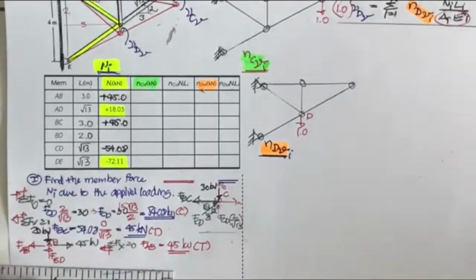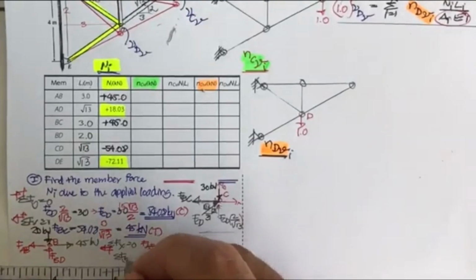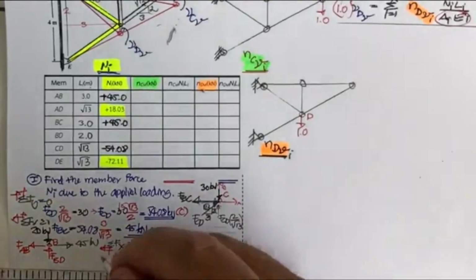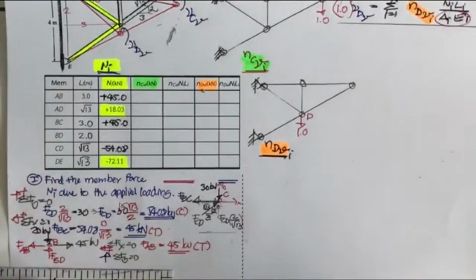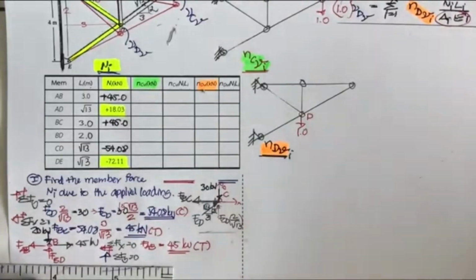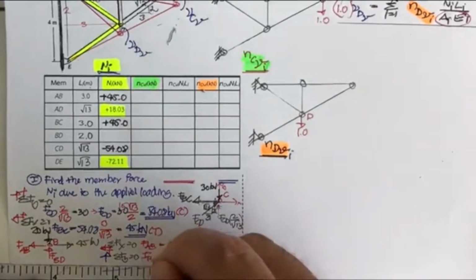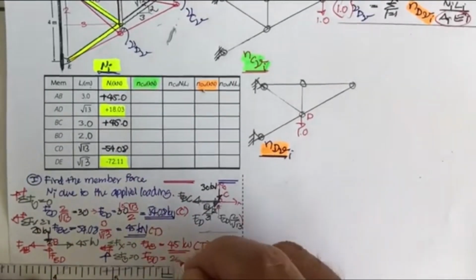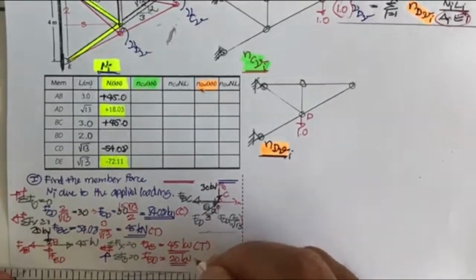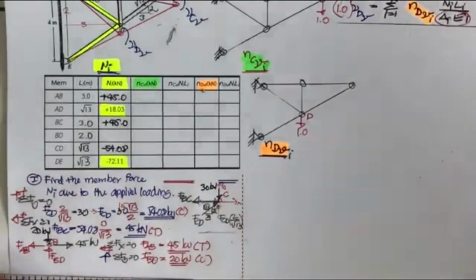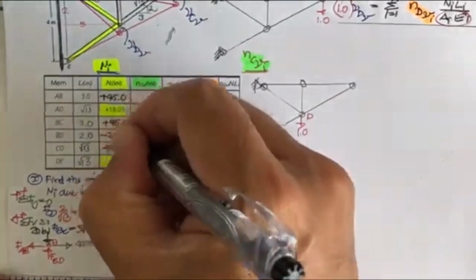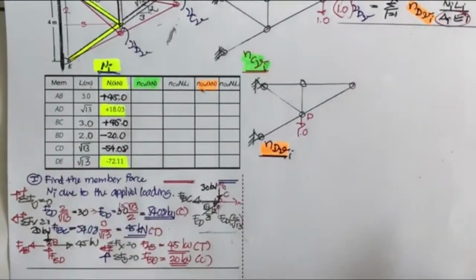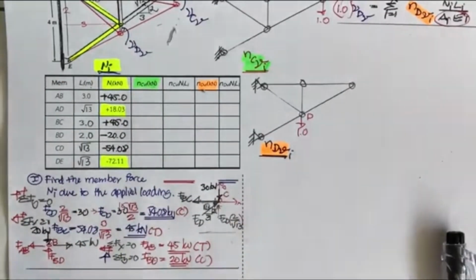F sub BD is going to be very easy also. Summation of F sub y equal to 0, with F sub BD upward being positive. F sub BD is going to be equal to 20 kilonewton, in compression, so this is minus 20.0. That is what we have to determine for the N sub I.